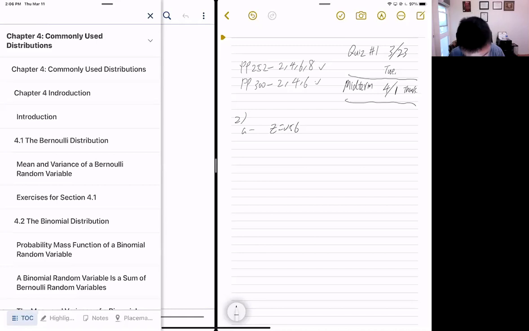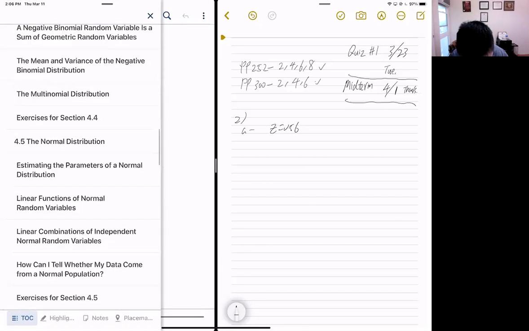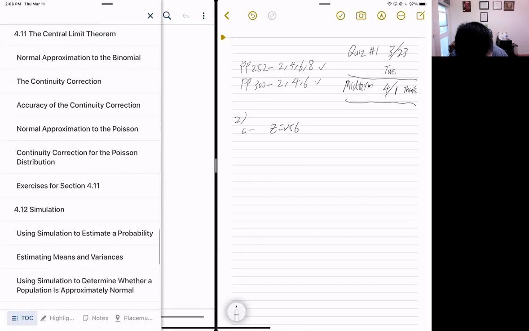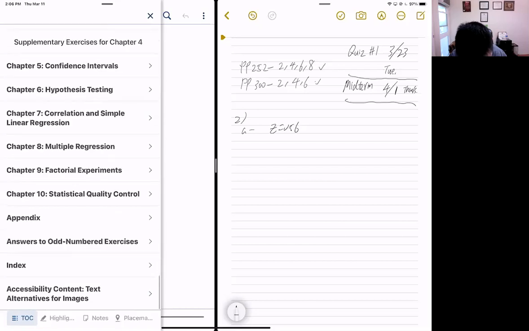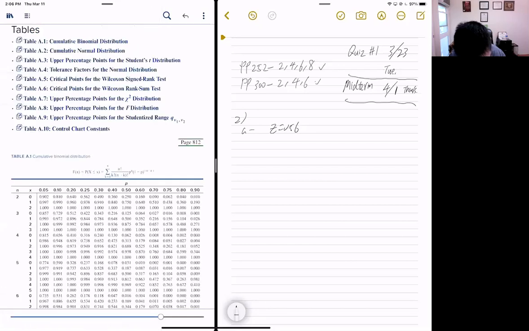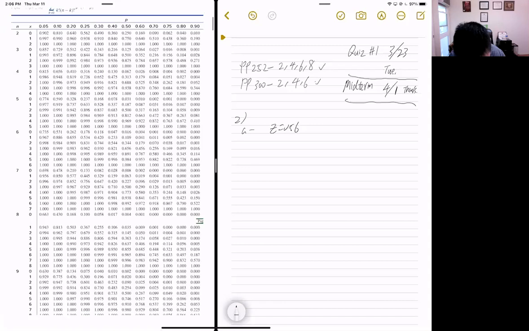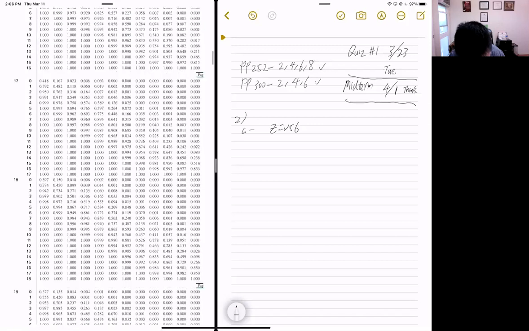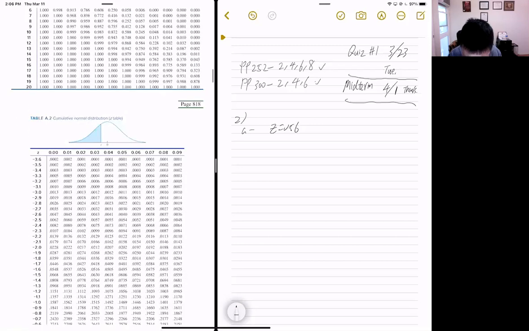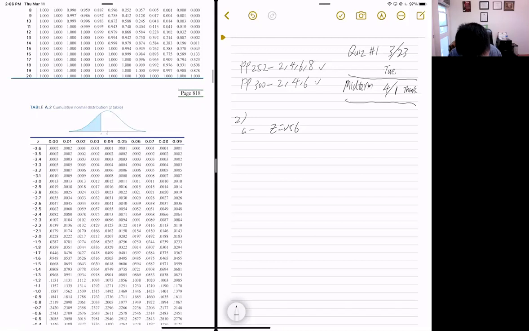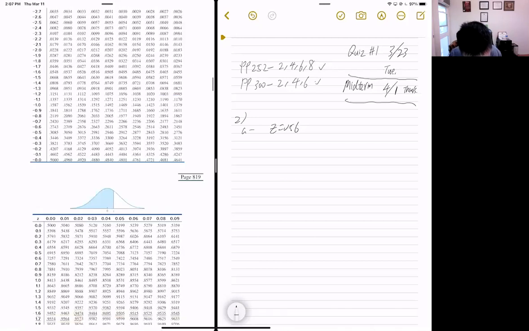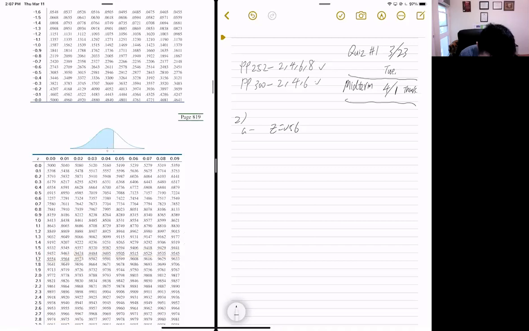So Z is 0.5 here, and 6 is here. Okay, right, 0.7123.